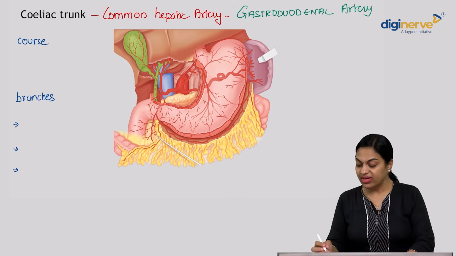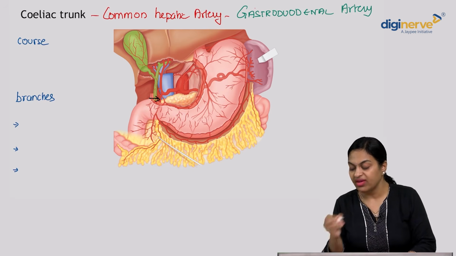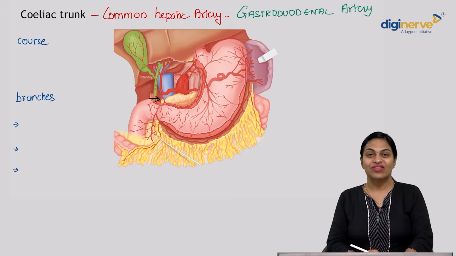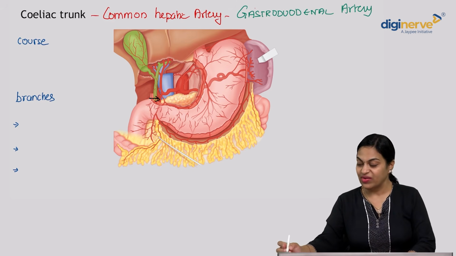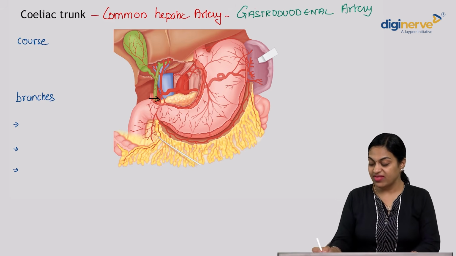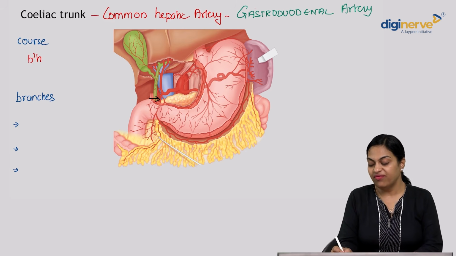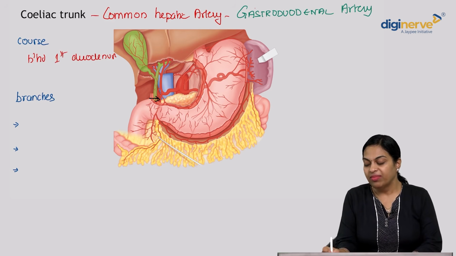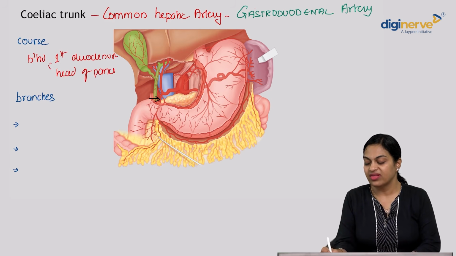Fine. Coming to the gastroduodenal artery, an important branch from the common hepatic artery. This gastroduodenal artery that you see here runs behind the first part of the duodenum, behind the head of the pancreas.